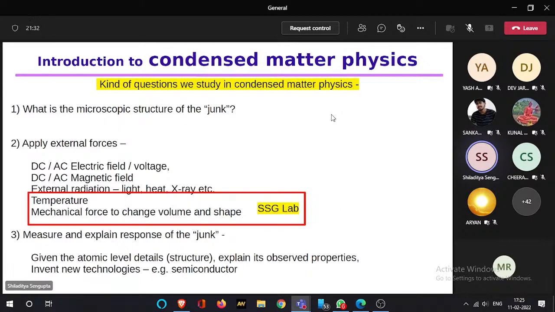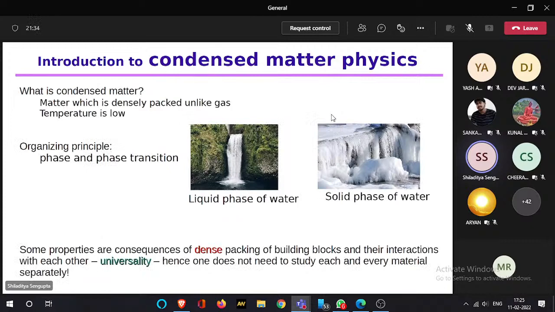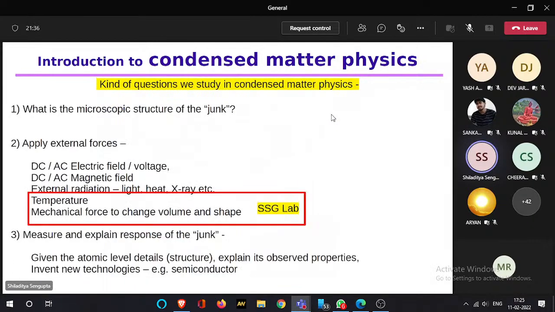Maybe I can summarize this. Here is a one-slide summary of the different kinds of study you can do. Basically, you are trying to apply some sort of force. These are not only mechanical forces, but anything that is going to disturb the material. It could be an electric field, a magnetic field, light, heat, X-ray, or some other radiation.